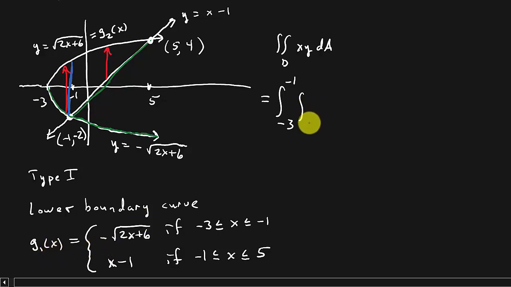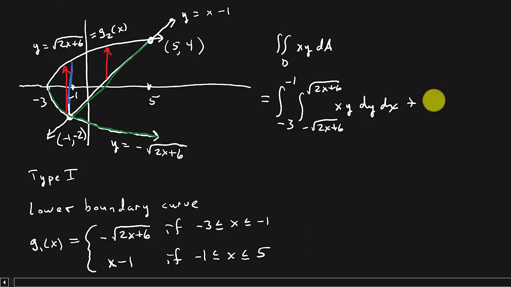That's going to be negative square root of 2x plus 6 to square root of 2x plus 6, xy, and then that's going to be dy dx. All right? And then plus, and I'm going to come down here and do the plus. Normally I would put it right there, but I don't know if it might run off the screen. Well, let's just do it.